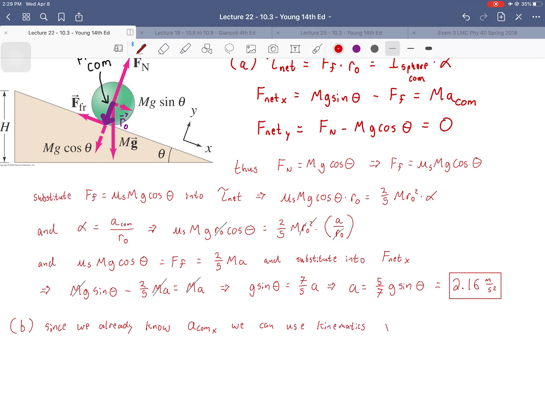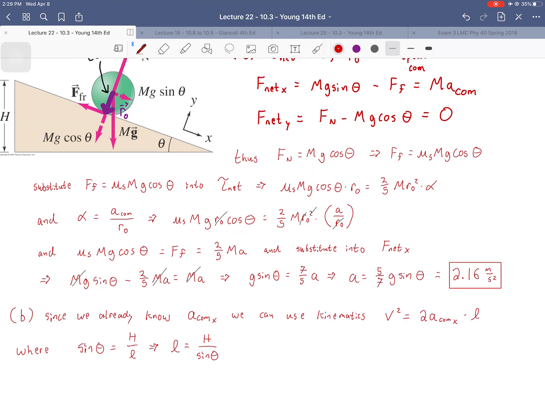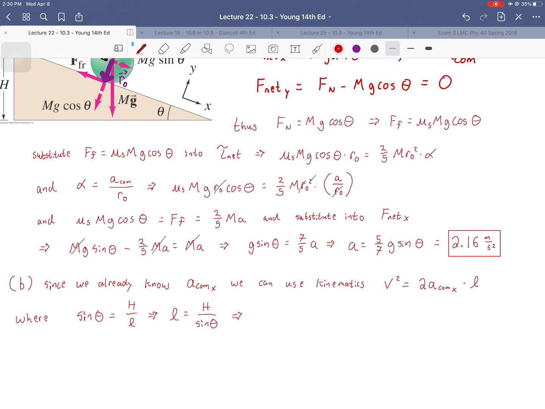We can use kinematics, and we'll simply have that v squared equals 2 a_com,x times L, where sine of theta equals opposite over hypotenuse, so h over L, which then tells us that L is just going to be h over sine theta.